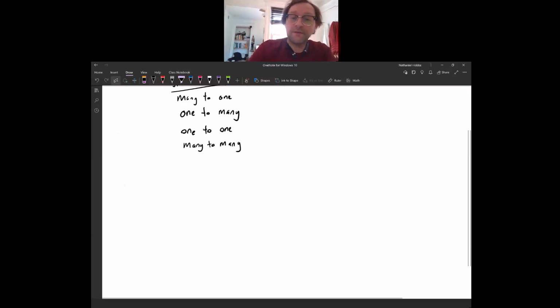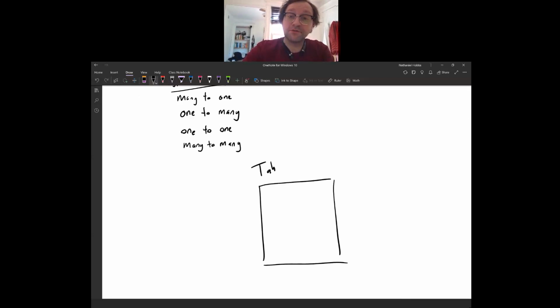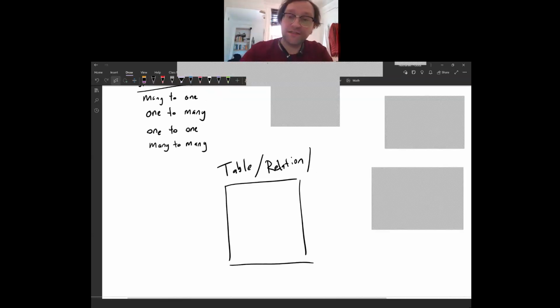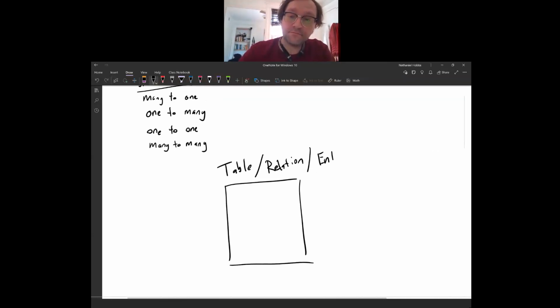One way that we're doing that is by thinking of things as tables. Sometimes it's called a table, sometimes a relation, or an entity.